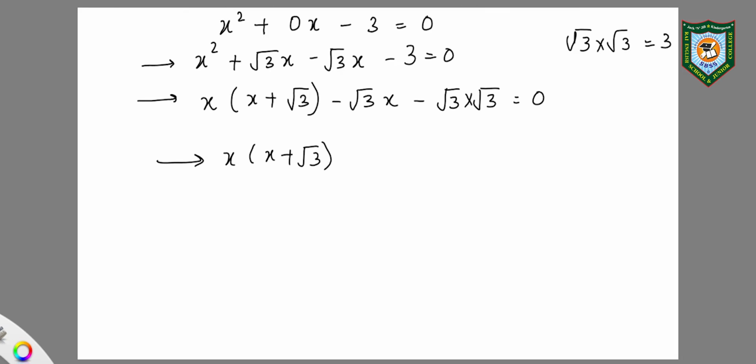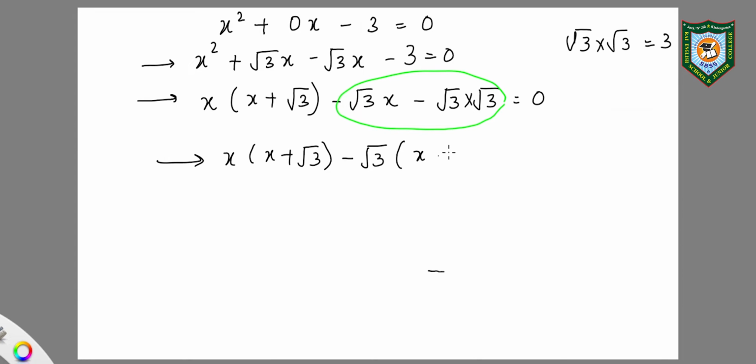Now as we can see in this part of our equation, we have minus root 3 common. So I'll be taking out minus root 3 common. So here I have minus root 3, and I'm left with x. Now the minus sign is out, so inside I'm left with positive signs, as the sign changes when you multiply it with a negative number.